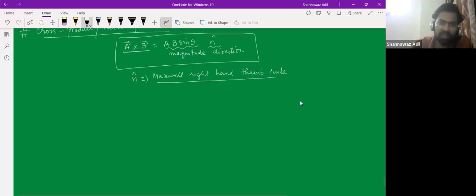So let's say, first let us understand how we get this n hat. Let's say we have this vector A and I have this vector B in the same plane, on this screen. And then I want to find out the A cross B direction. I'm only talking about direction, right? So n hat I'm talking about.